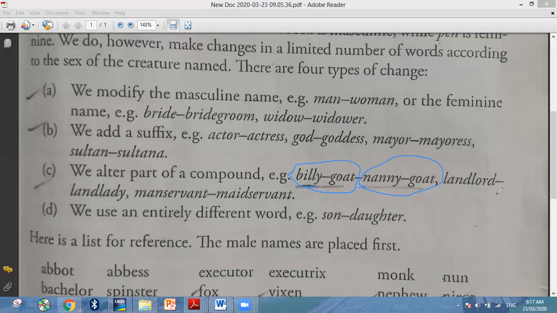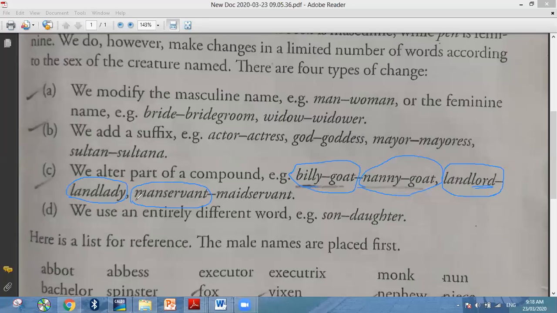Landlord, this is the male. This is a compound noun, land and lord. We change it to be landlady. Manservant: servant is general, for both.